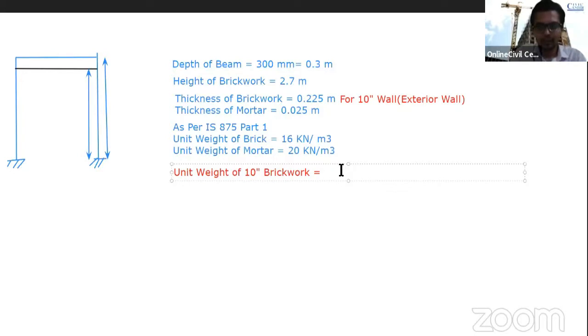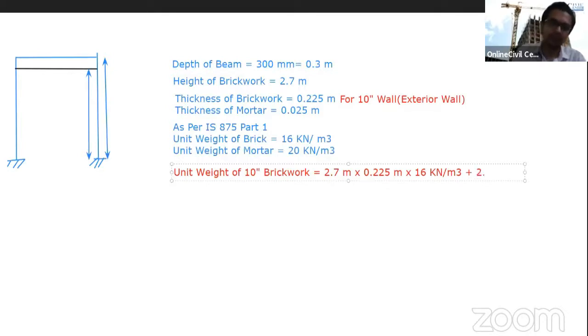So the unit weight of 10-inch brickwork will be equal to, what is the height of the brickwork? It is 2.7 meter, 2.7 meter into the thickness of the brickwork 0.225 meter into your unit weight of brick. The unit weight of brick is 16 kilonewton per meter cube, and plus, the height will be the same.